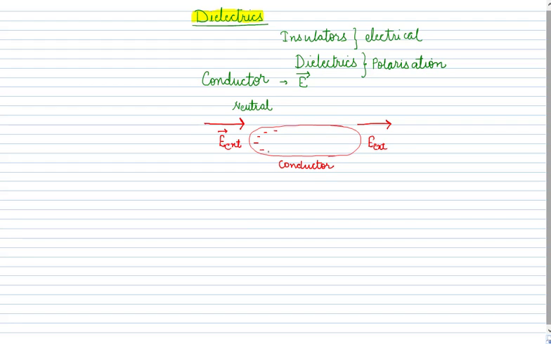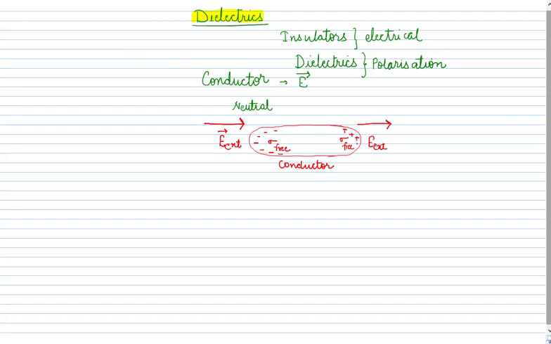All the negative charges here, with charge density represented by the symbol sigma, give the surface charge density due to free charge carriers, free electrons. So we call it sigma free. And here also we will have a charge density due to free charge carriers, and this will be positive.